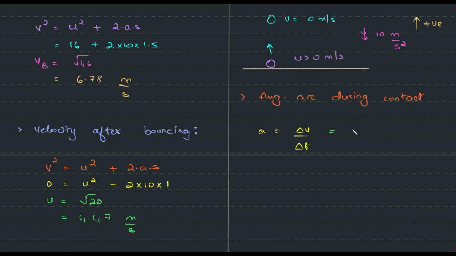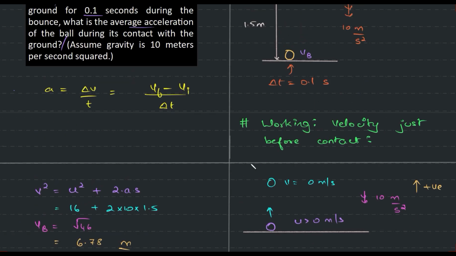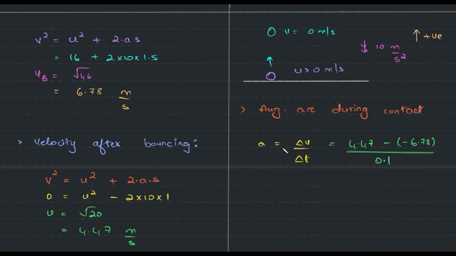So we have a velocity of 4.47 in the upward direction minus an initial velocity of minus 6.78. This entire thing divided by a time of 0.1. Yeah, 0.1.